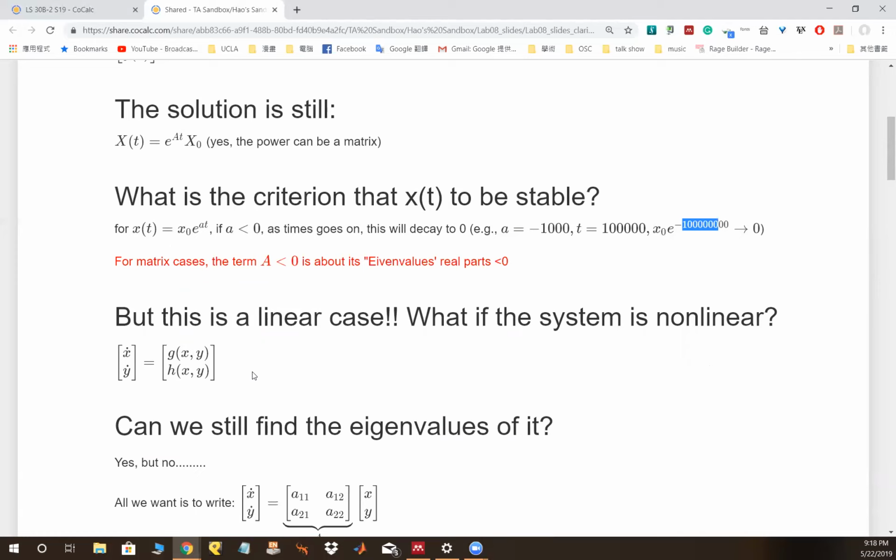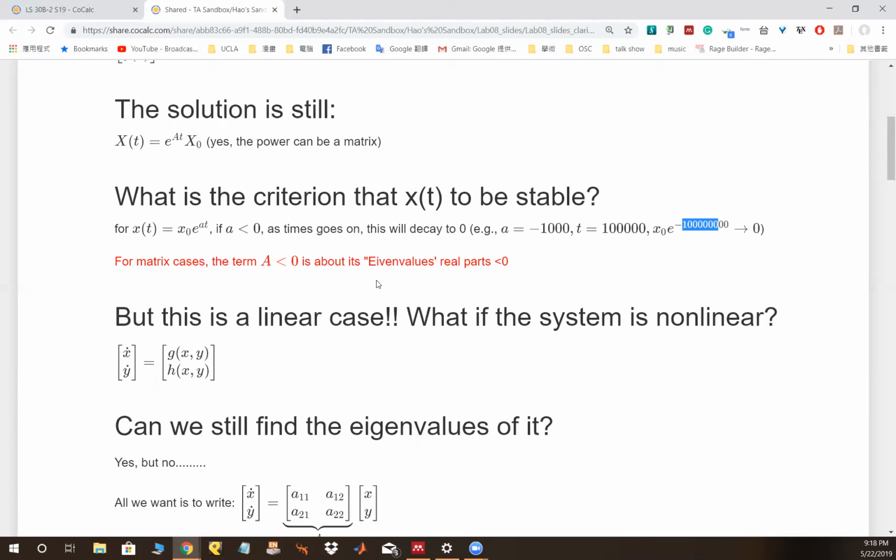So if it's nonlinear, how can we tell if this value goes to an equilibrium point, or whether that equilibrium point becomes a saddle point or an unstable equilibrium? How can we determine that?